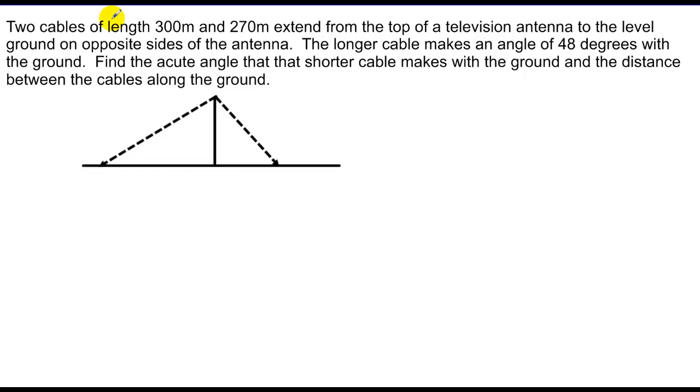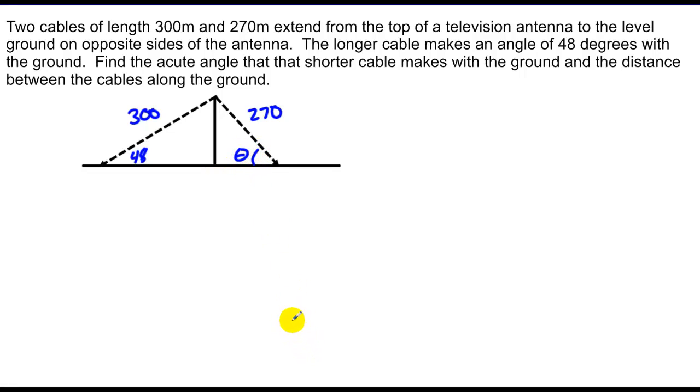So I know the longer one's 300, shorter one's 270. Longer cable makes an angle of 48 degrees with the ground. So here's the longer, the angle it makes with the ground is 48, and we want to find the acute angle of the shorter cable on the ground. So we basically want to find theta right here.